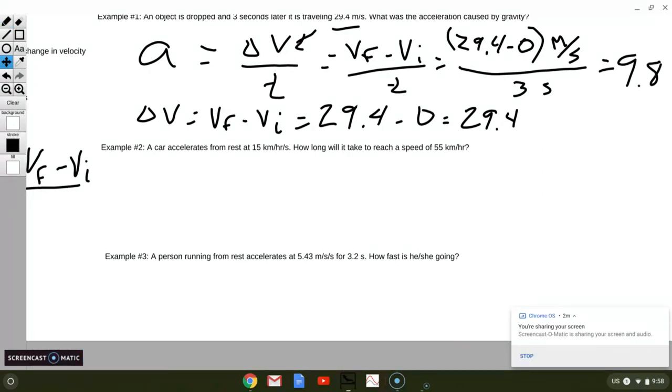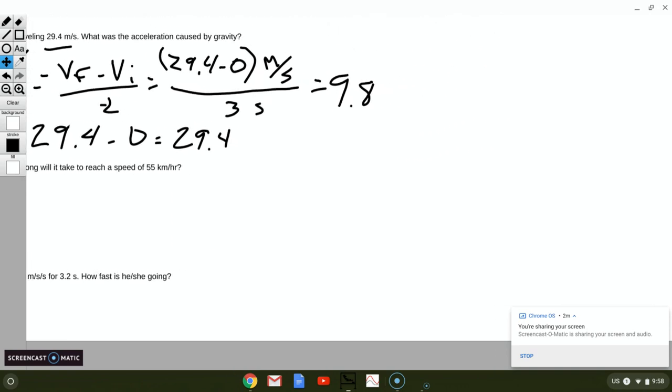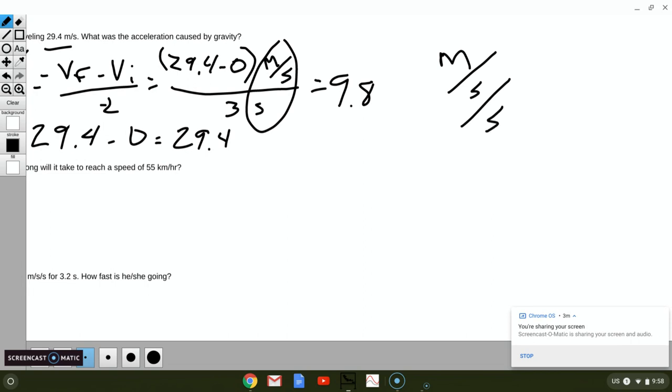Now, we need to talk about the units, and the units are very important here. What you get is meters per second per second. You might think that the seconds cancel, but that doesn't happen. That would give you a distance.